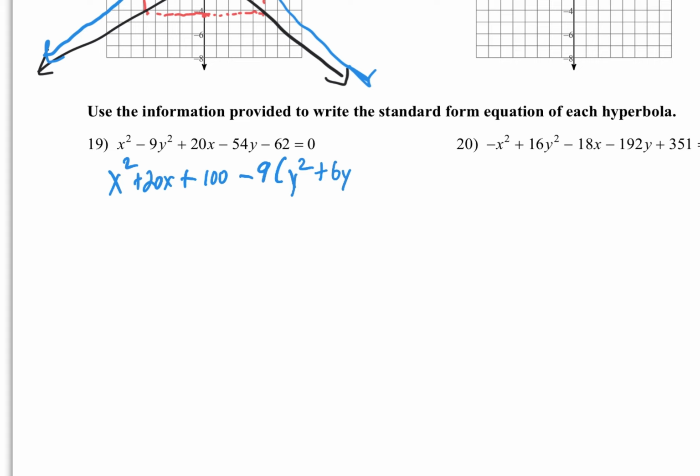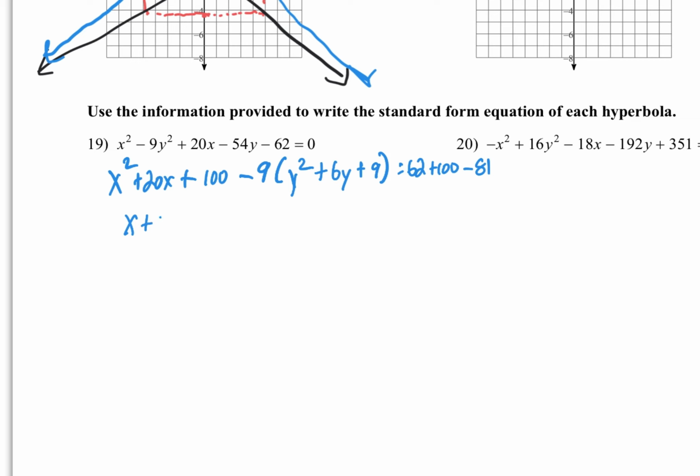Negative 54 divided by negative 9 is positive 6. Complete the square, still plus 9, half of 6. So we've got 62 plus 100. That's not the hard part. Now what do I do? To minus 81. Negative 9 times 9 is negative 81. That's why that needs to be a negative 81.